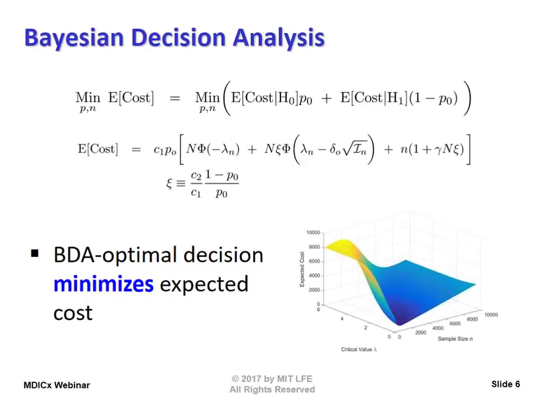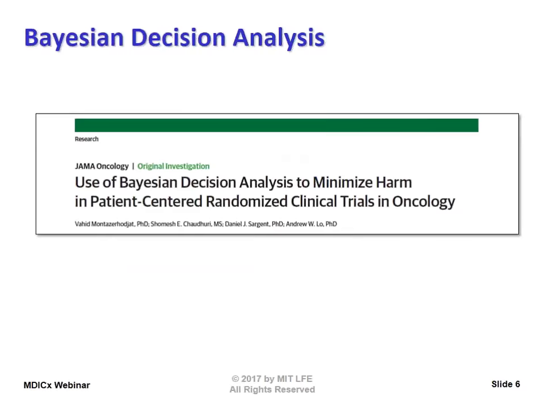In other words, what you'd like to be able to do is to pick an appropriate threshold of type 1 error as well as an appropriate sample size to get the type 2 error that you want in order to minimize the average cost of those two mistakes when you weight them by their respective probabilities. So the BDA optimal decision minimizes that average cost. And the surface that we display in this graph here is a depiction of how you find that minimum.